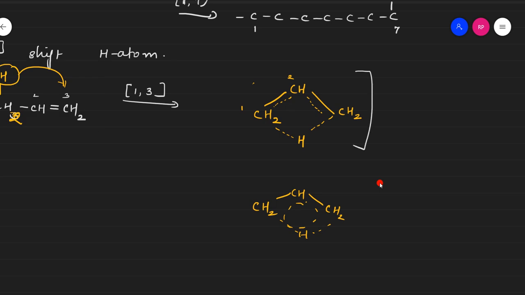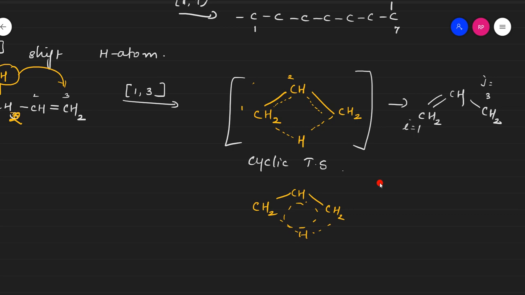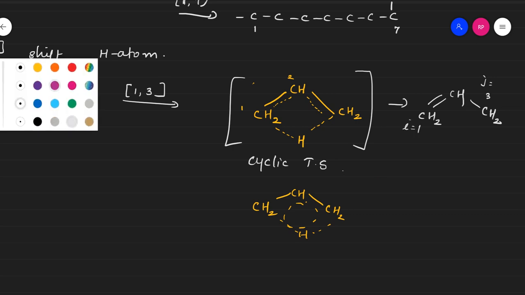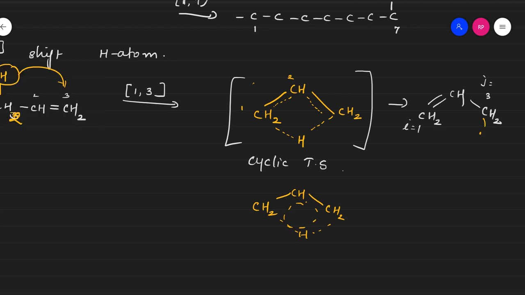This is your cyclic transition state, a four-membered transition state, but it is quite unstable. And this is the final product. This was CH2, this was your third position, the final position. This is j, and this was your i. I is equal to 1, and this H has now shifted over here.